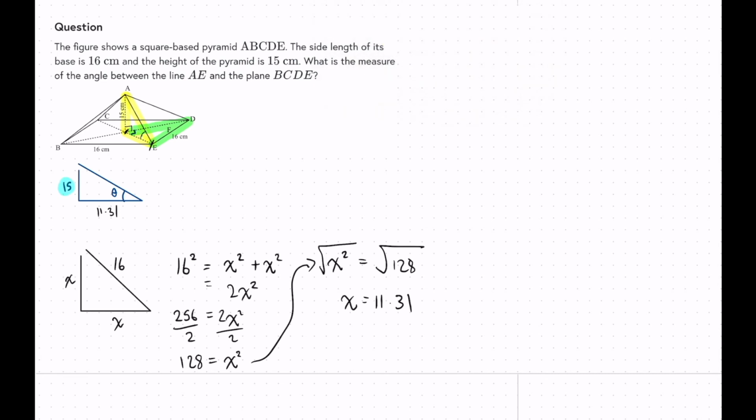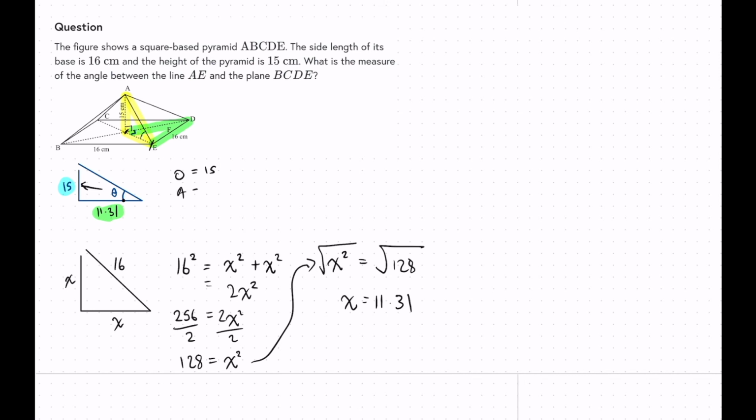With these two figures here, I can use a little bit of trigonometry. I have the opposite side, the side opposite my angle, so O is equal to 15. And I have the side next to it, the adjacent side, the one that's touching.